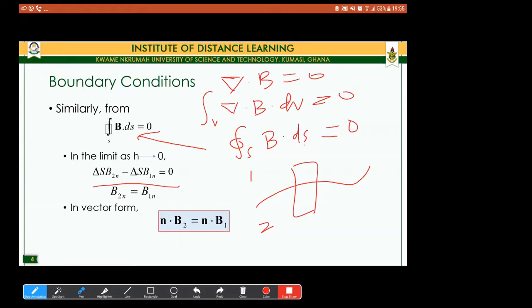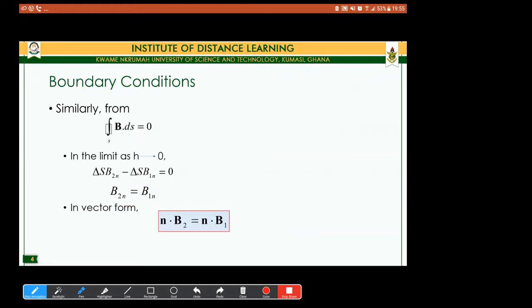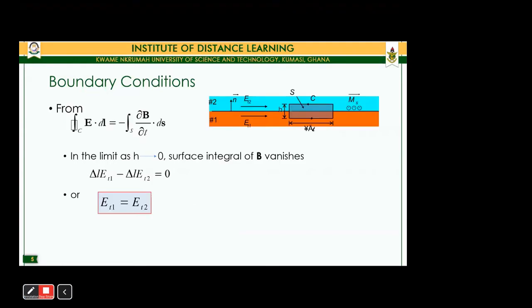So the normal component of the flux density is continuous across the interface, because then B2n equals B1n. And therefore we can write B2n as n dot B2, and B1n as n dot B1. Those are the normal components of the magnetic flux density, and that one is continuous across the interface.